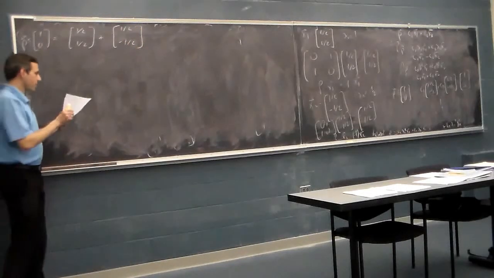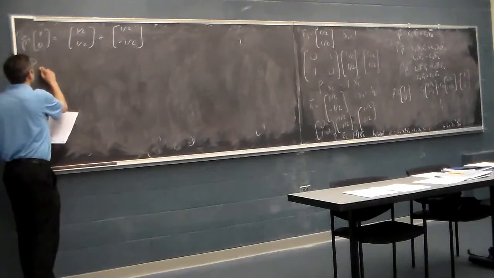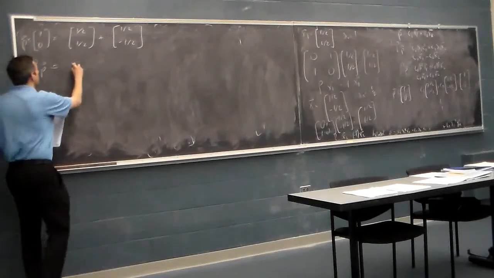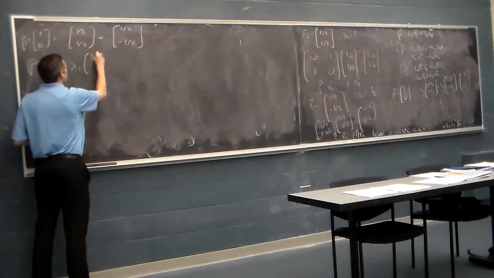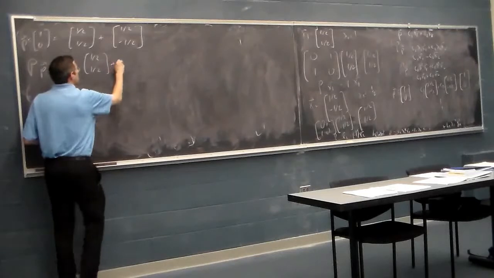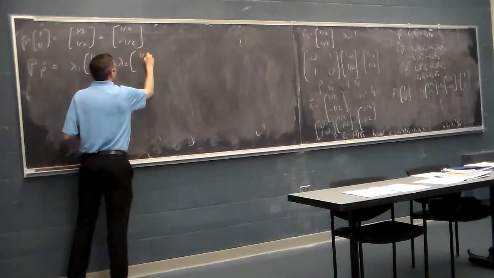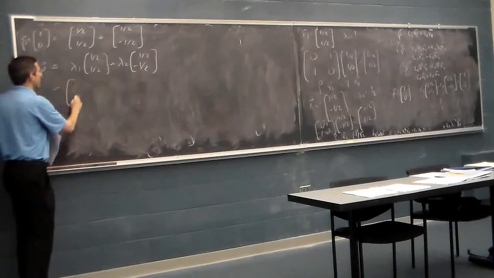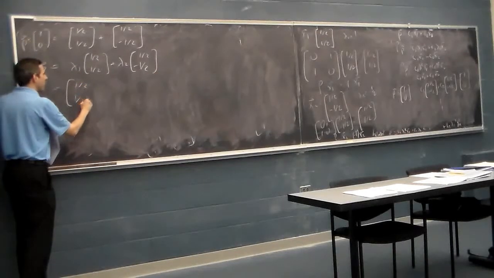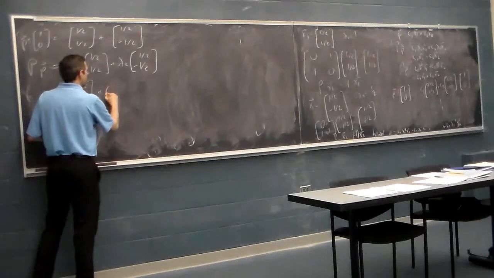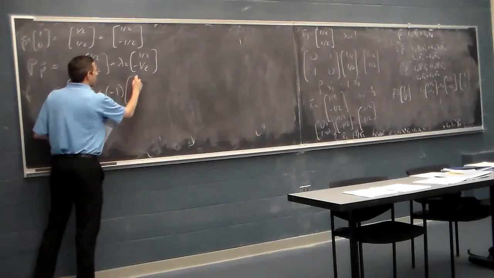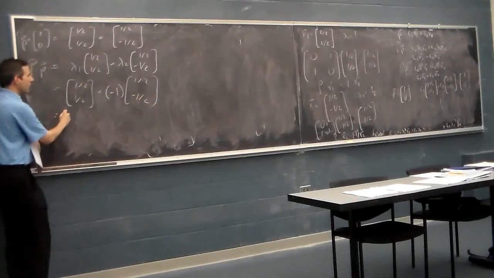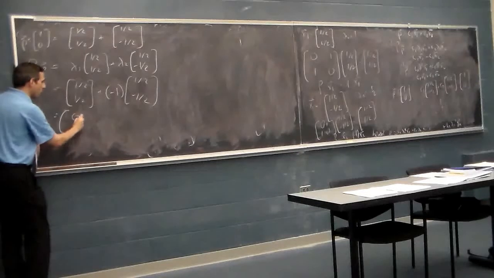And that then would tell us that if we take one step of the model, p times p is going to be lambda 1 times 1 half, 1 half, plus lambda 2 times 1 half, minus 1 half. Lambda 1 is 1, so 1 half, 1 half. Lambda 2 is minus 1, so minus 1 half, 1 half. And if we add that through, that's going to come out to 0, 1.